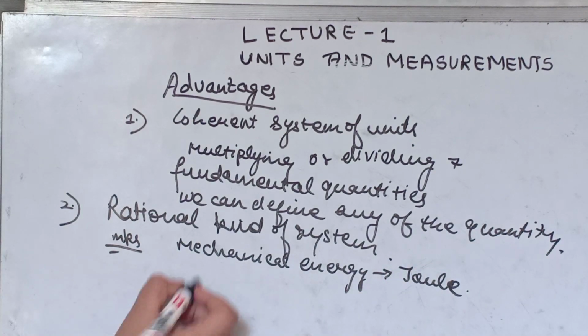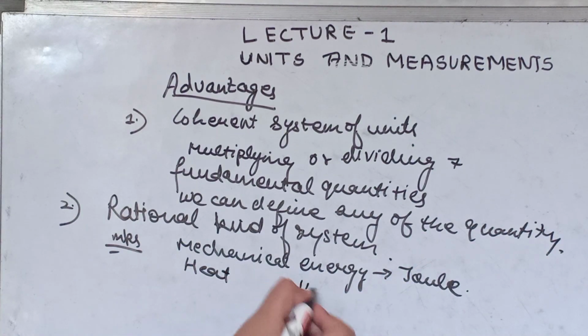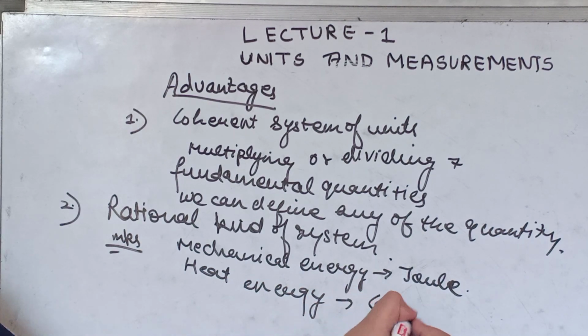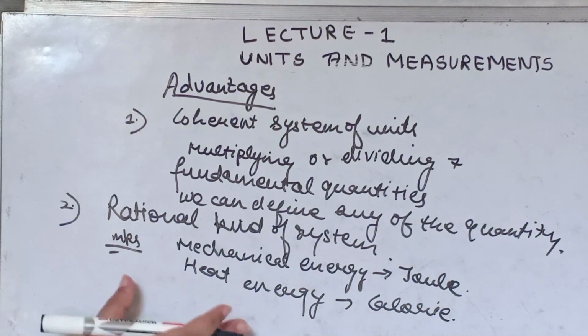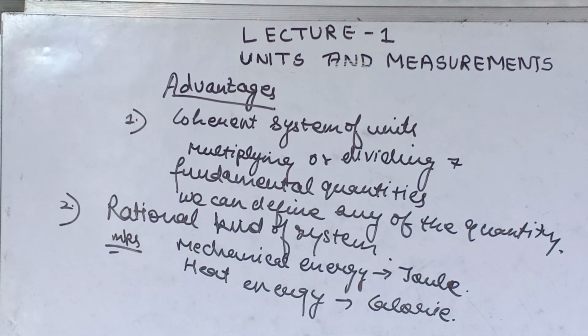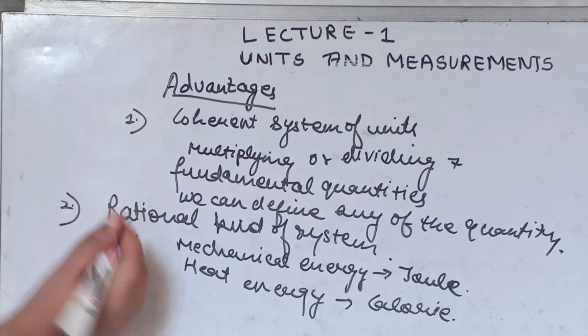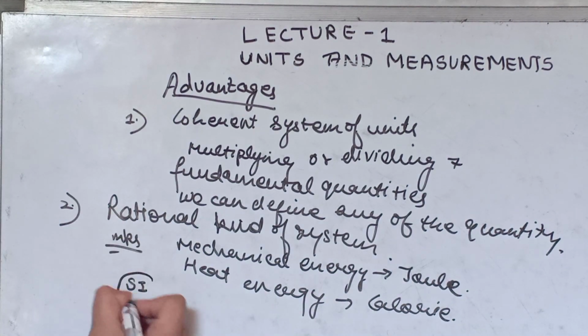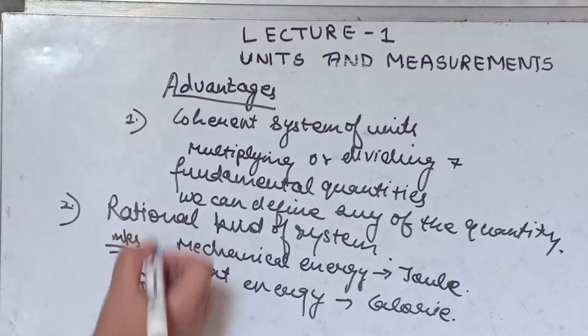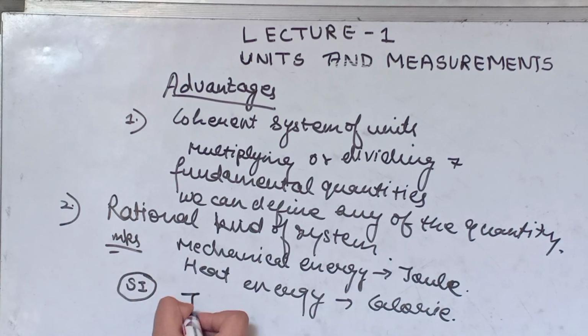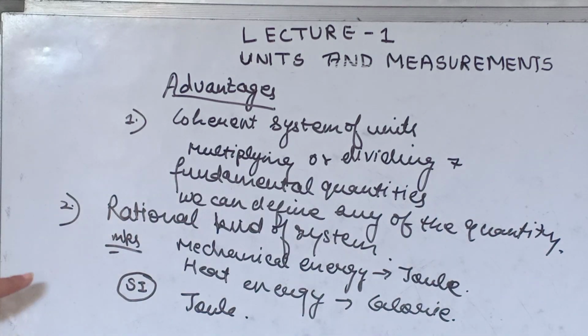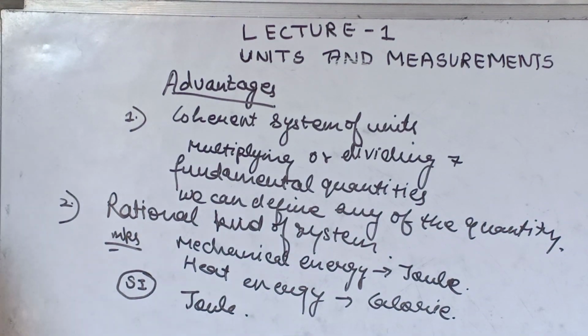Heat energy in calorie. So different kinds of energies are defined in terms of different units, but in SI system of units, all kinds of energies are measured in terms of joule only. So this is one important thing which SI system has, and other systems do not have that.